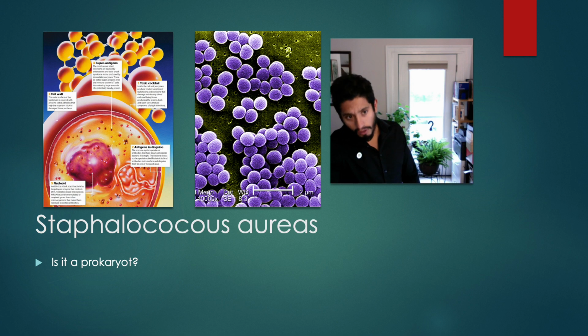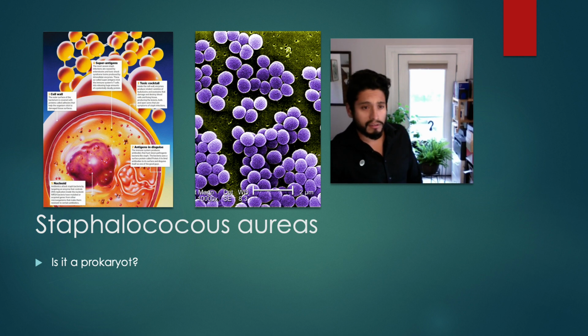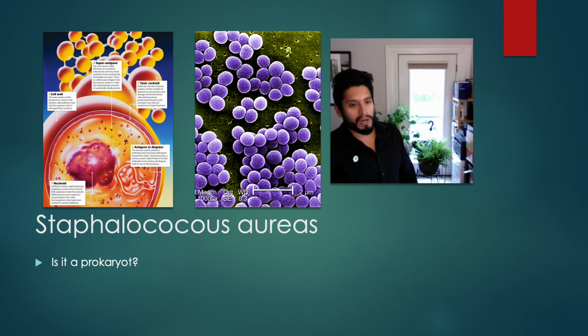On the left, the illustration shows a very simple cell wall around here, and then we see our cytoplasm holding all of our ribosomes, and Staphylococcus aureus has a couple other things that we'll get to, called cytotoxins. So that's all inside there, but more importantly, we have no membrane-enclosed nucleus.